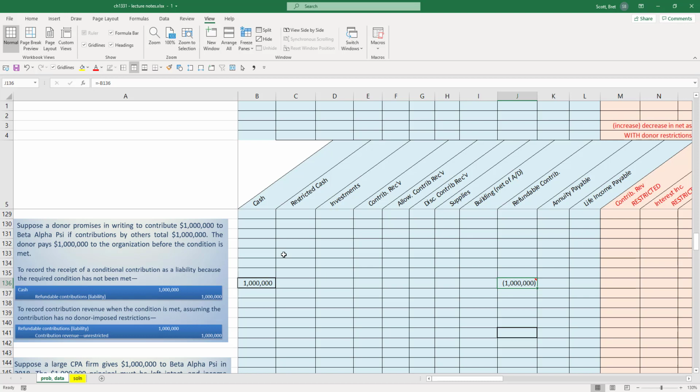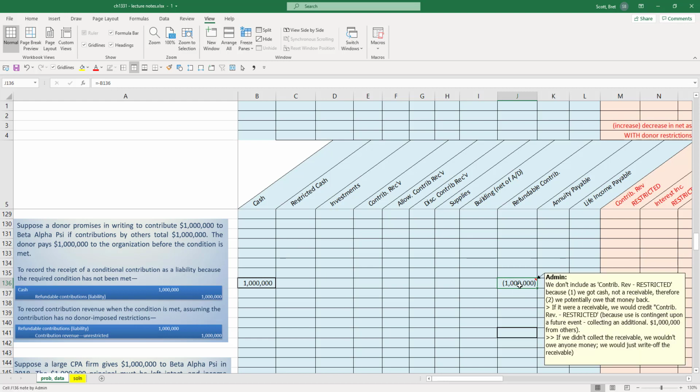Someone's given us money. That money is available to us if there are certain stipulations that have been met. So in this case, it's a different type of restriction. This one's saying, hey, look, the performance depends on actual events actually transpiring. If they don't transpire, the money must go back.